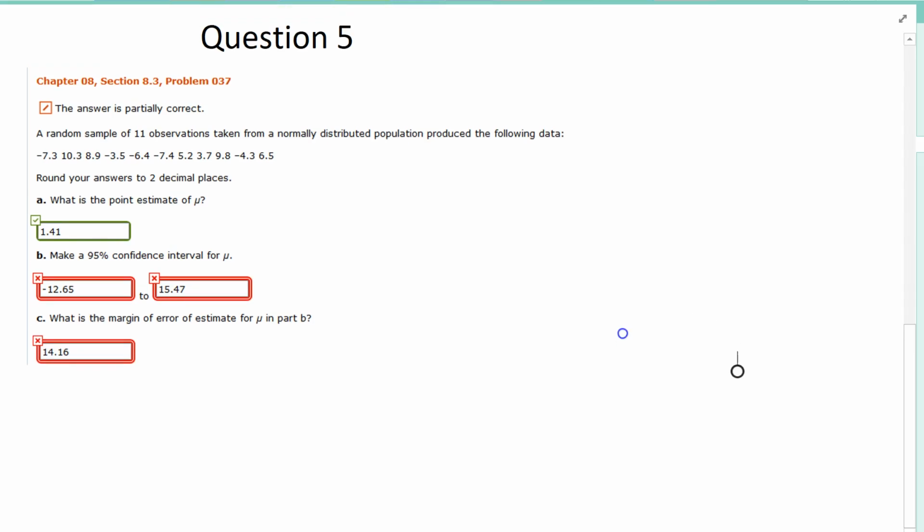Question 5 is asking to find the confidence interval for 95% and the margin of error that is part of that, and the point of estimation of the mean, given 11 observations here from a normally distributed population.